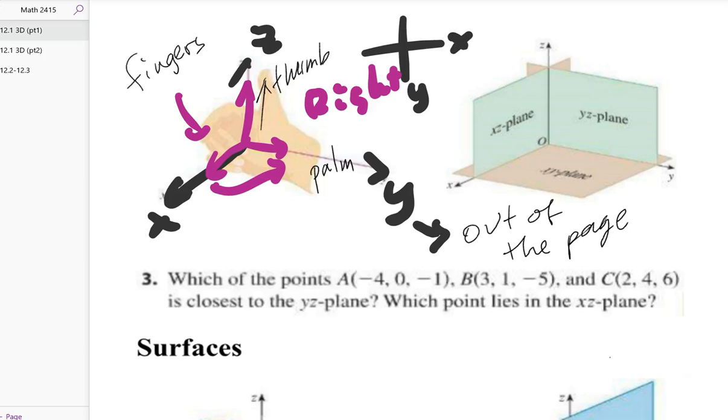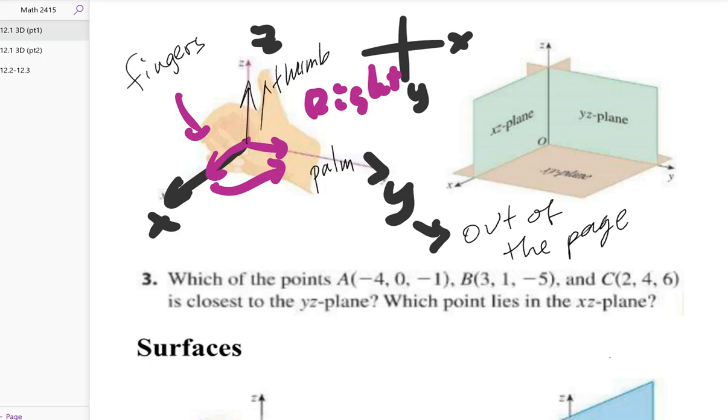The reason that we talk about this is because we want in a little while to do what's called the cross product, and the cross product is going to require us to have this set up. It may not make much sense right now, but it will.